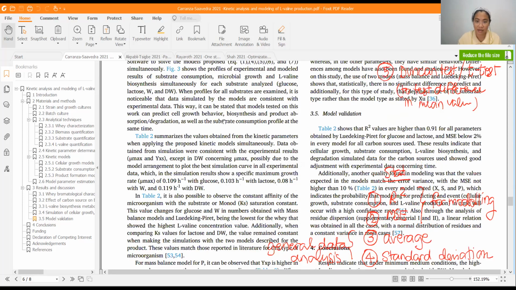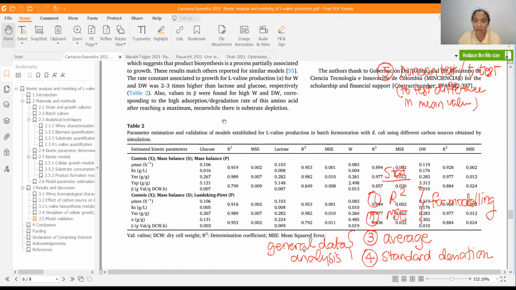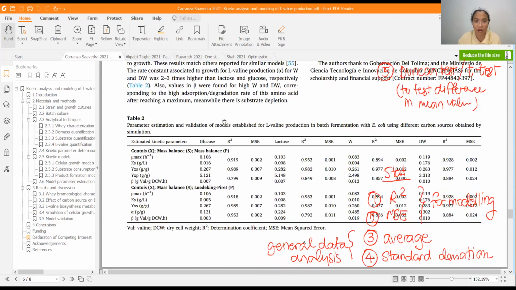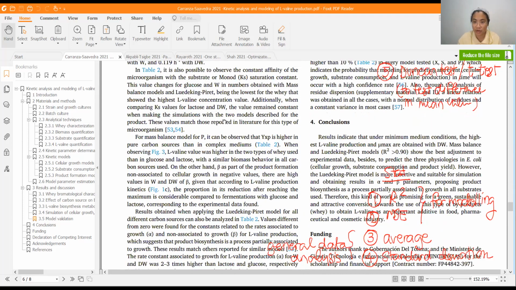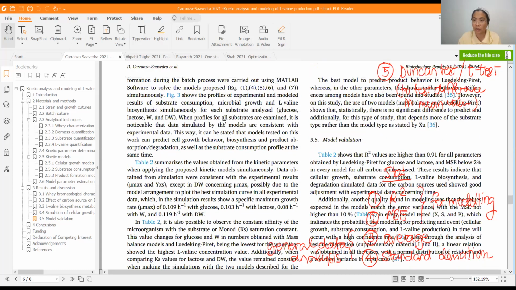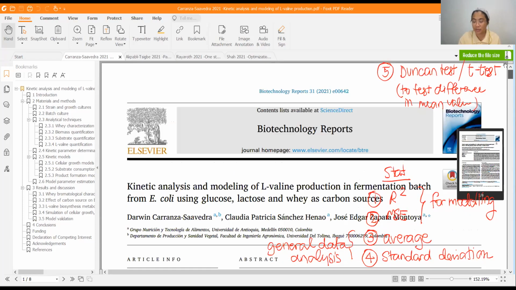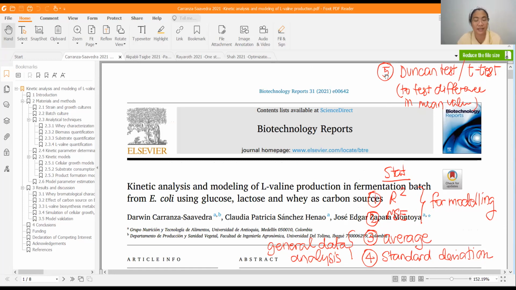Let's see more things. Okay, I think that is all for this paper. So with this paper alone, you have like 5 major stats involved.